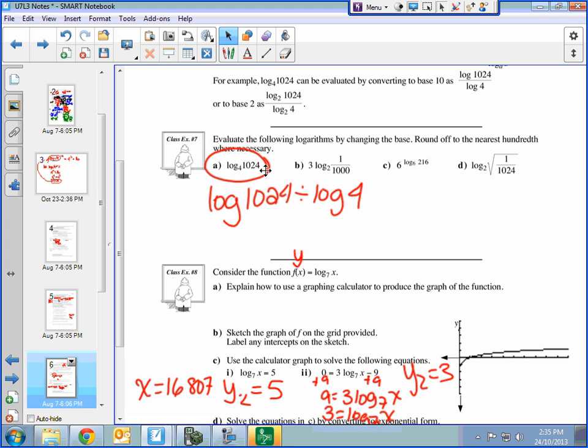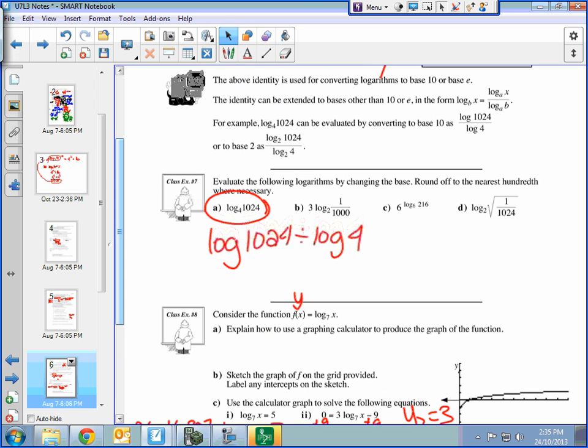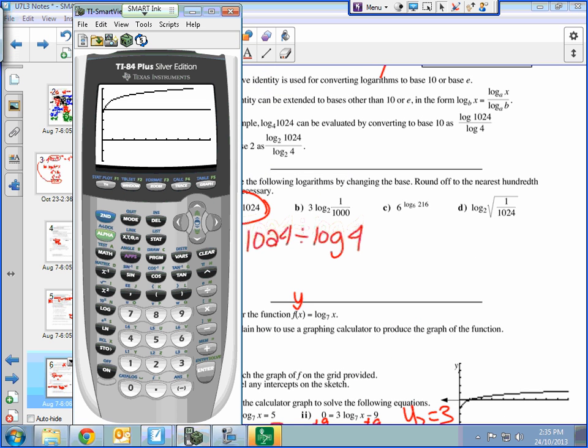It depends what they're asking you. So if it says graph it like in number 8, you're going to put this in your y equals. If you're just going to find the value like in number 7, I'm just going to exit out of this and put it right in your normal screen. So I would go log of 1024 divided by log of 4.